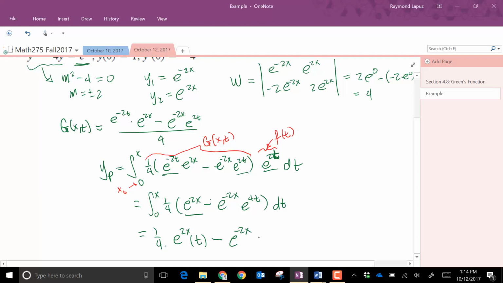We integrate e to the 4t, and then you would do a u substitution or something like that. u equals 4t, and then you divide out by 4. So there's an extra 1/4 that comes out, not counting the 1/4 that's outside. Okay? And then we want this to go from 0 to x.